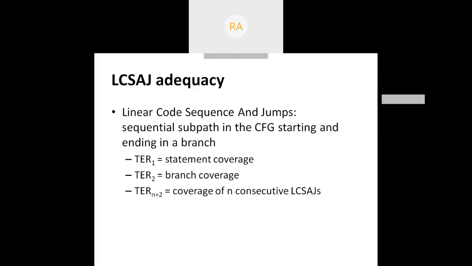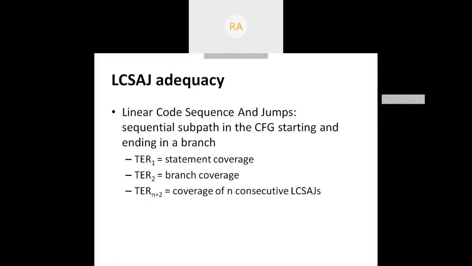It stands for linear code sequence and jumps. Basically, you are dealing with the sequential execution, and you are also considering certain jumps in the source code. That is, a sequential subpath in the control flow graph, starting and ending in a branch. You just have to know about this terminology.